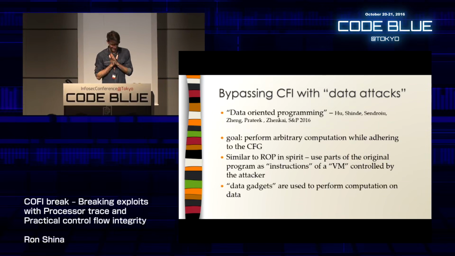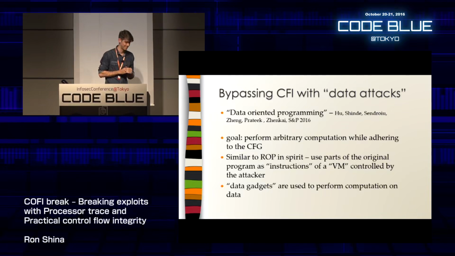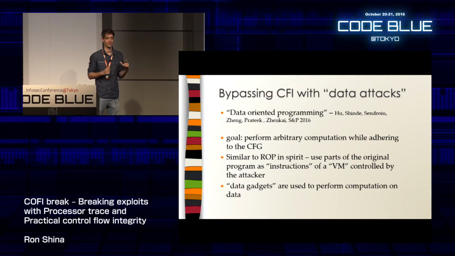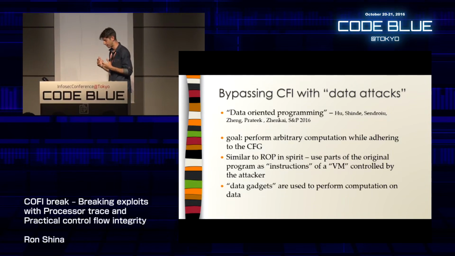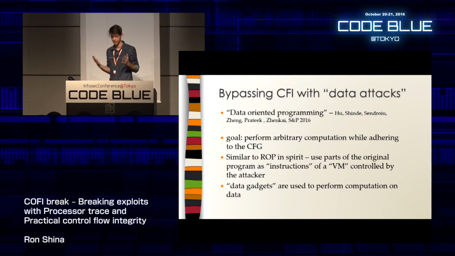And the last one is in some sense similar in spirit to return-oriented programming, in the sense that it has gadgets. Think of instructions in a sort of virtual machine currently controlled by the attacker. But as I said, return-oriented programming usually violates control flow integrity.